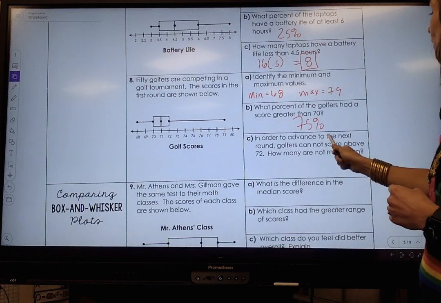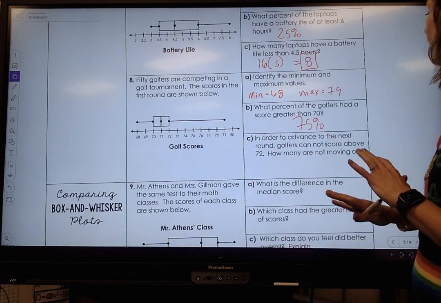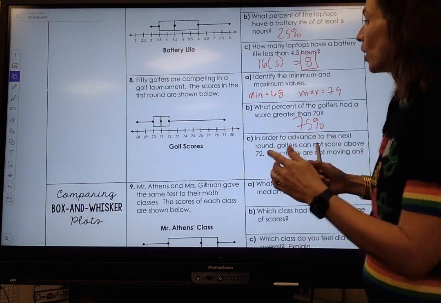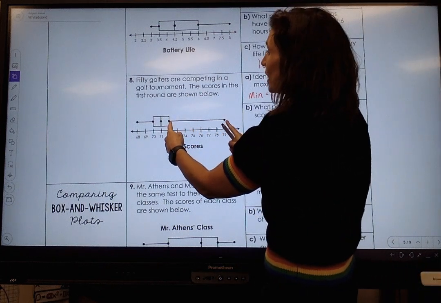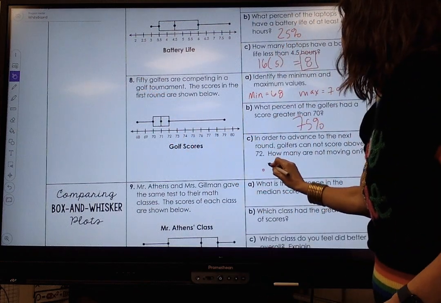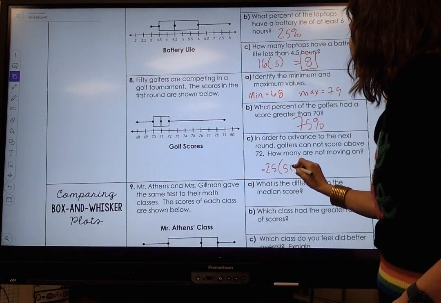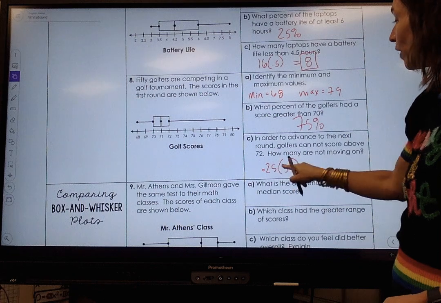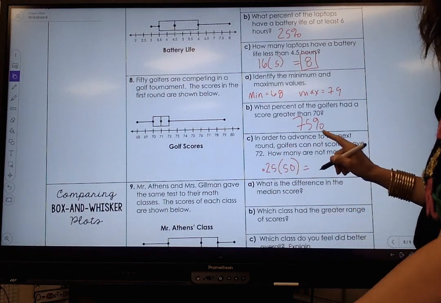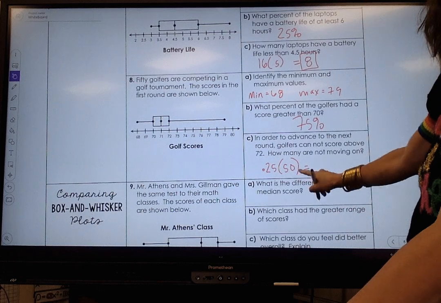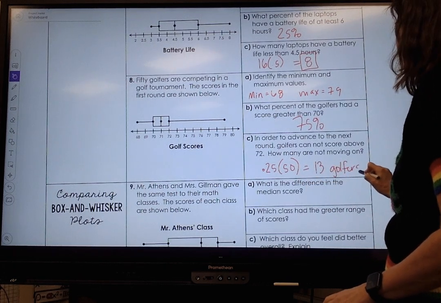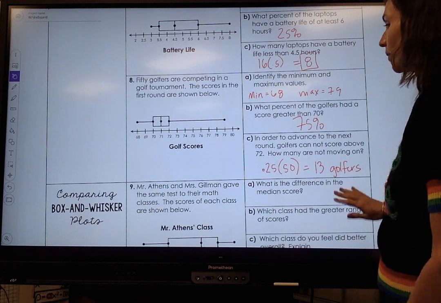Okay, in order to advance to the next round, golfers cannot score above a 72. How many are not moving on? 25% of the 50 golfers are not moving on. So 1/4 of the 50 golfers, 1/4 of 50 is going to be 13 golfers, are not moving on.